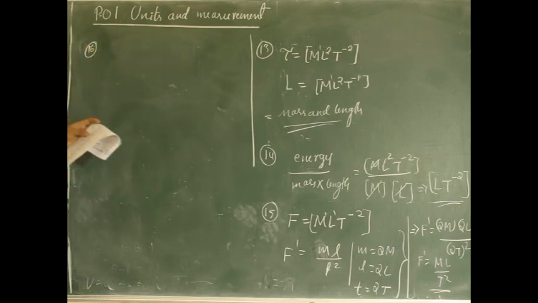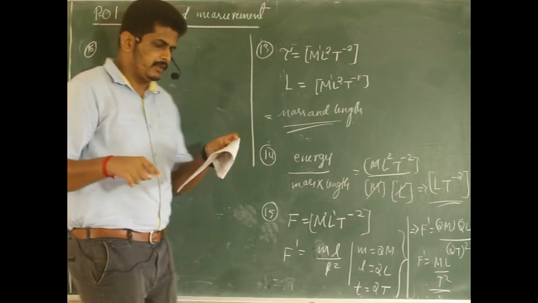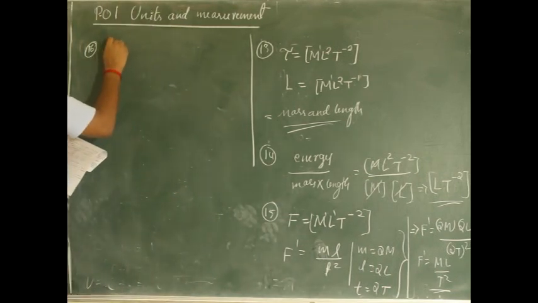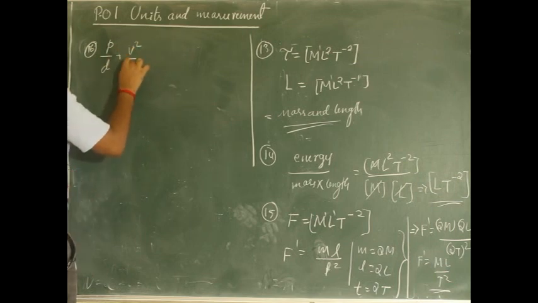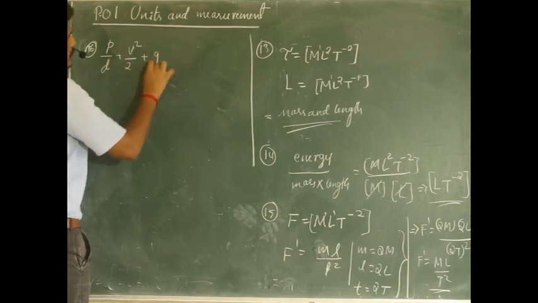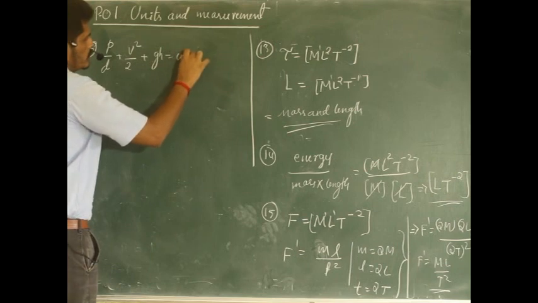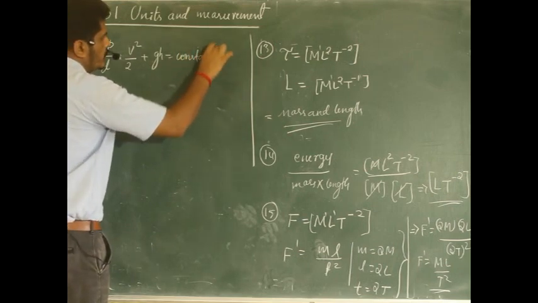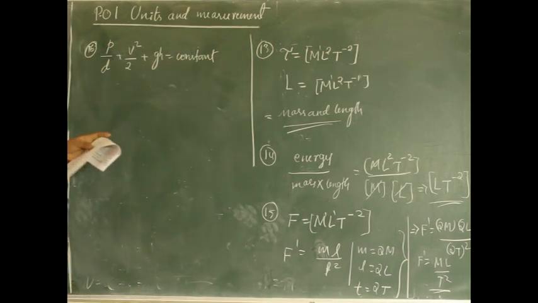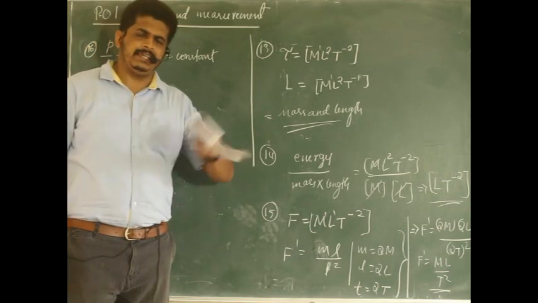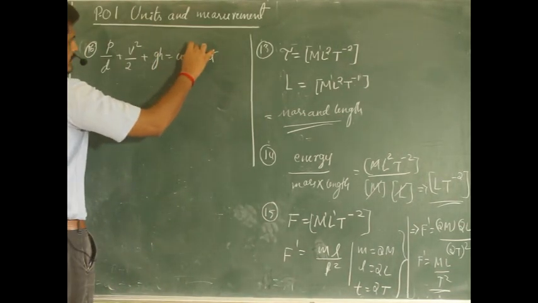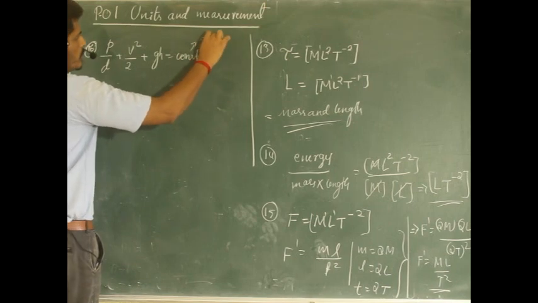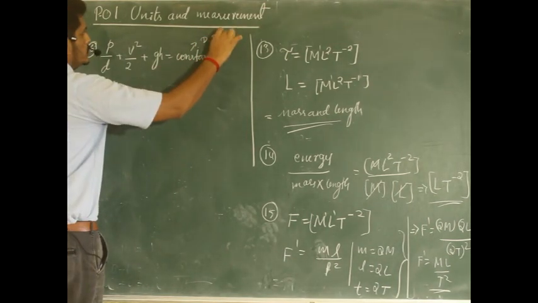They have given, according to Bernoulli's theorem, in the question: small p divided by small d plus v square by 2 plus gh is equal to constant. Then the dimensional formula of this constant, I have to find out, is equal to how much?